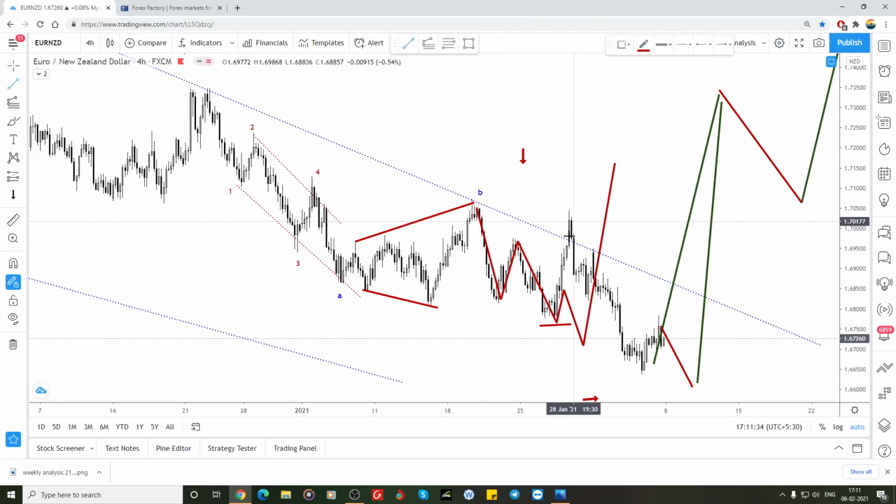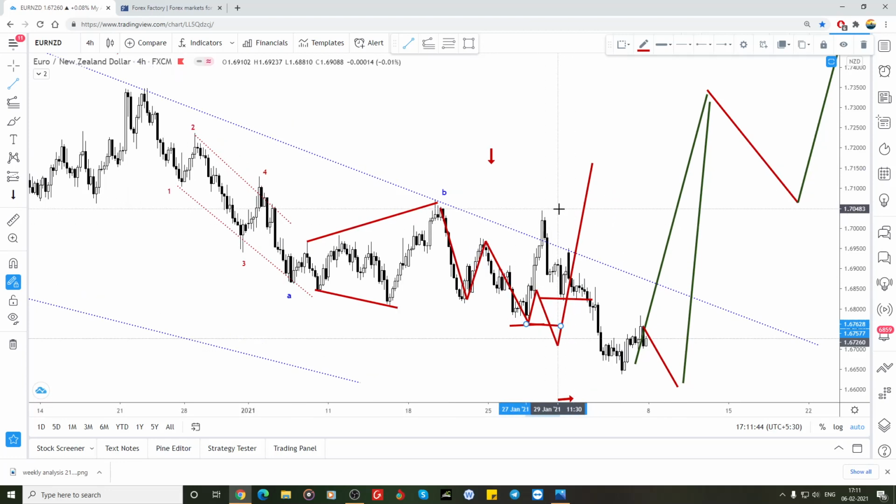What I said, if it reaches here, we need to buy, keeping the stop loss of this, expecting the high. My special trading style is, if it breaks this, definitely you have to buy. Here if you buy, it can hit like this.